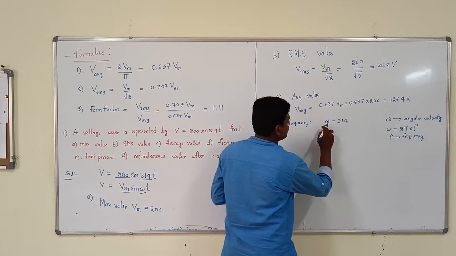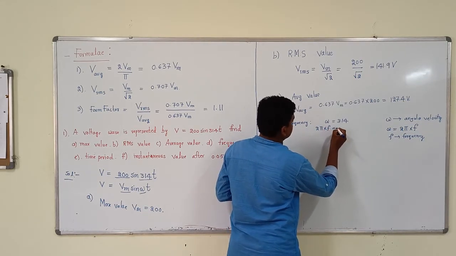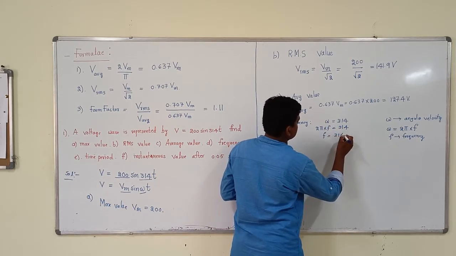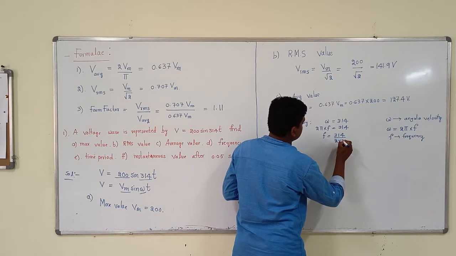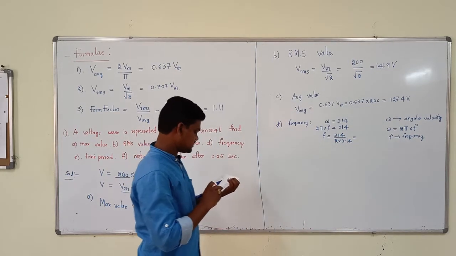Here 2 pi f equals 314, so f equals 314 by 2 into 3.14. By doing the calculation we directly get 50.